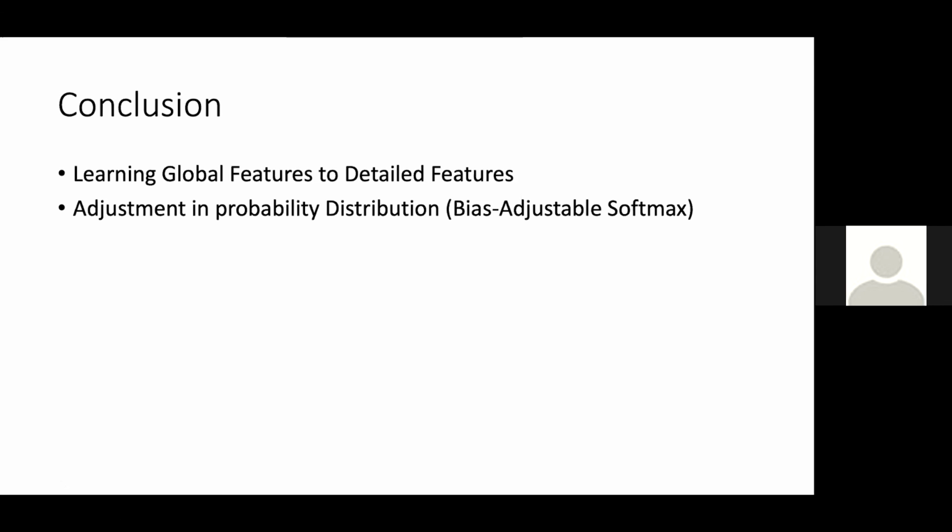It's kind of inverse to dilated neural networks. And other than that, we have probability adjustment, and it works, especially if in the training set we have a little imbalance in our classes.